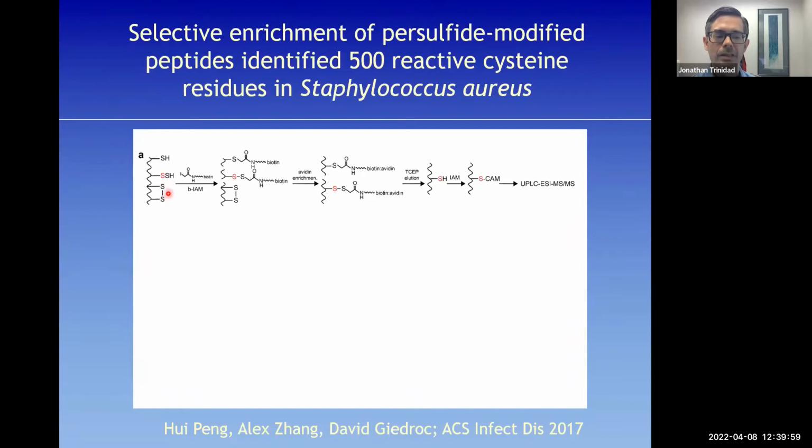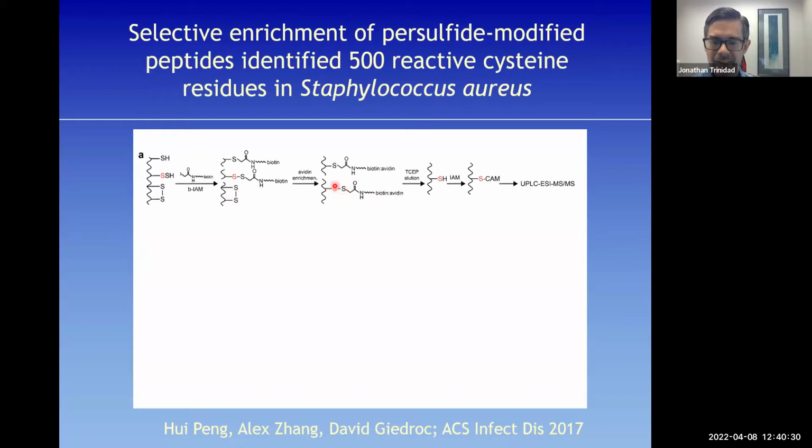And so if we don't selectively reduce our disulfides prior to digestion, and we just throw this reagent on, we'll label both the free cysteines and the persulfidated cysteines. And then because we have a biotin tag, we can enrich these two compounds away from this guy and the 99% excess or 90% excess proteins that don't have any cysteines on them.